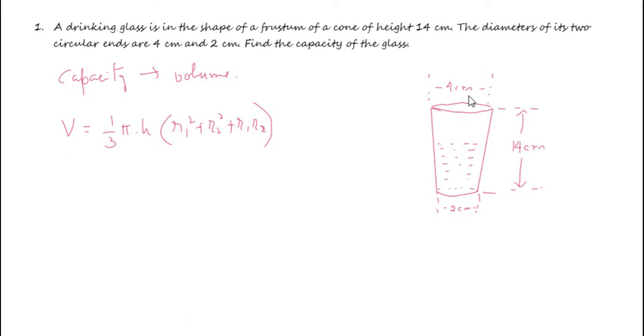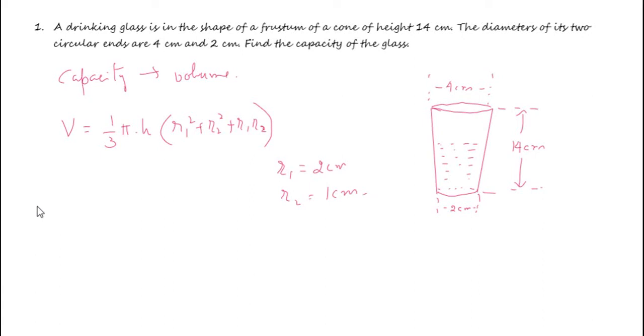The diameters are 4 and 2. Height h is 14. So if the diameters are 4 and 2, R1 is the larger one. R1 is the larger radius, so that is 4 divided by 2, that is 2 cm, and R2 is 2 divided by 2, that is 1 cm.